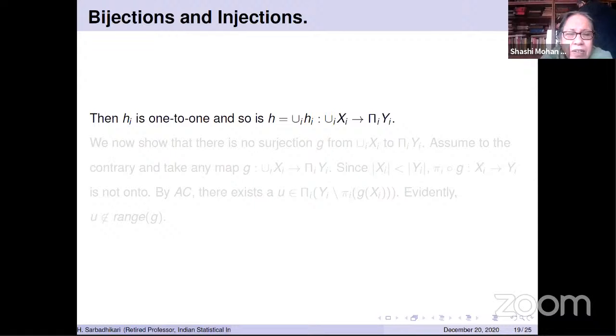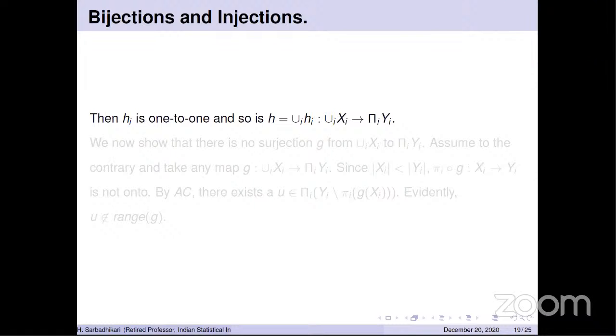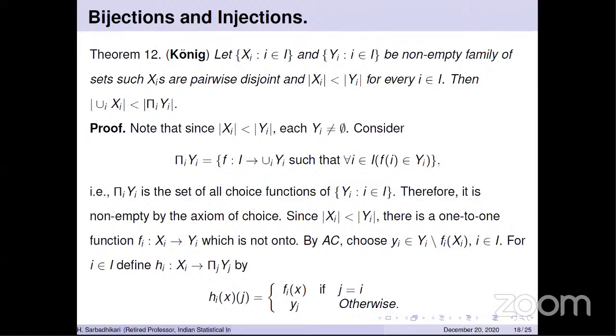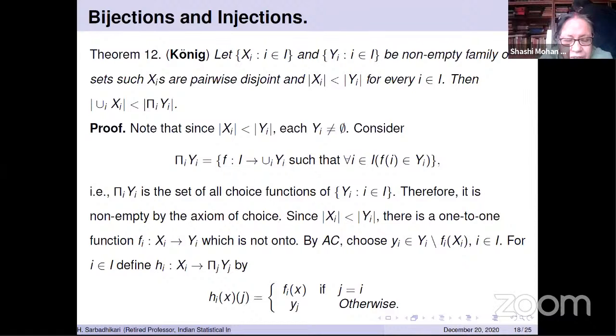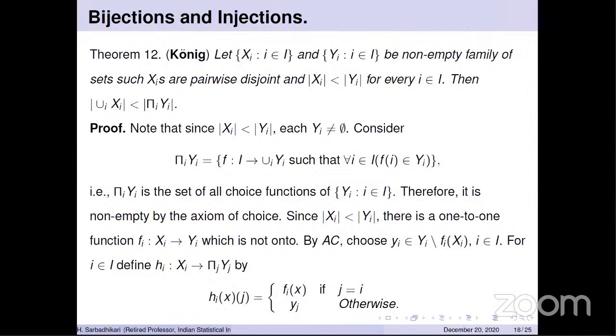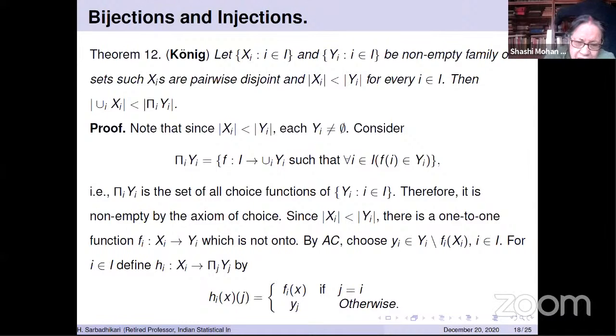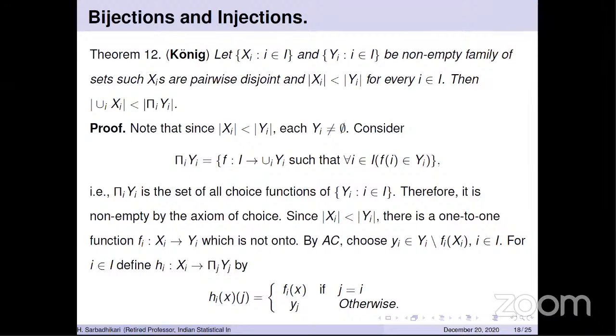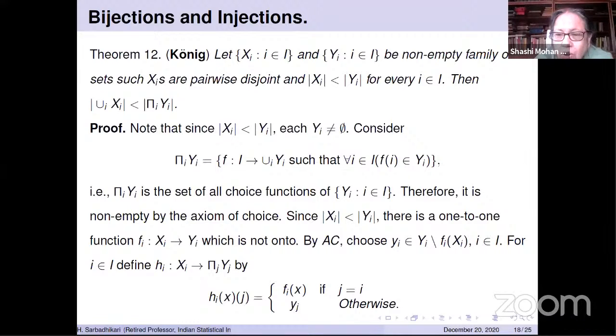Ma'am, can you please go back? Just defining this function by AC, I'm trying to follow that. No, this is a specific definition. I see, you choose the yi's by AC. That is okay.